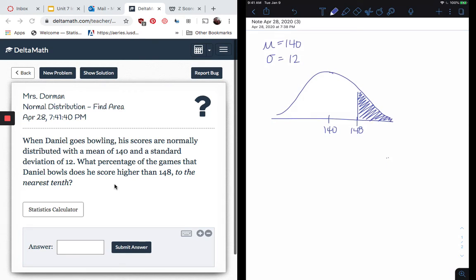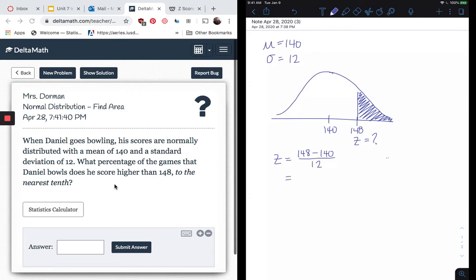We need to use a z-score. So I need to figure out what this z-score is. And a z-score tells me how many standard deviations from the mean the value is. To get our z-score, we take the value, 148, minus the mean, 140, divided by the standard deviation, 12.